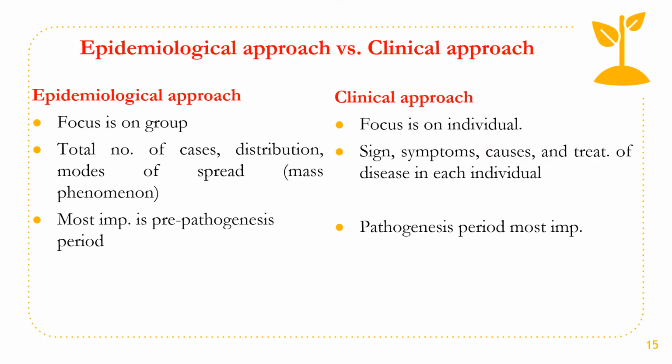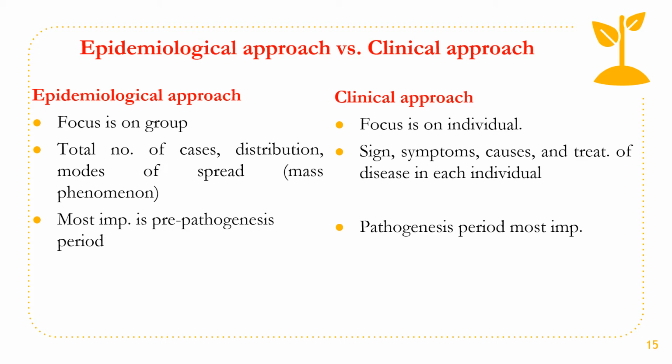Epidemiological approach versus clinical approach. The epidemiological approach focuses on the group, but in clinics the focus is on the individual. For example, if an epidemiologist goes to an area where COVID-19 has affected people, he will focus on the group of people.